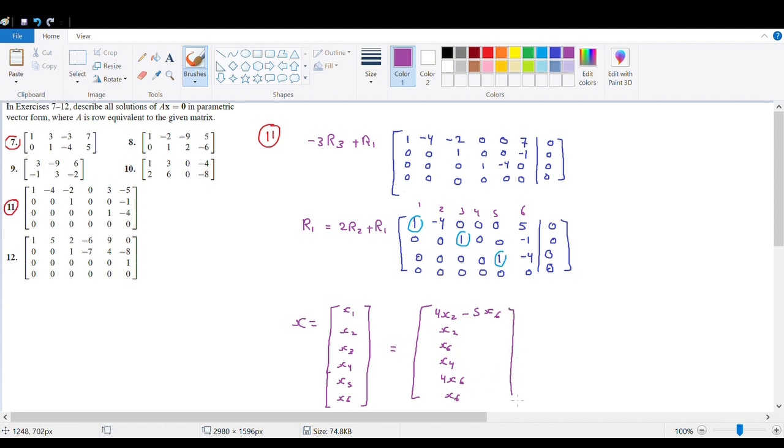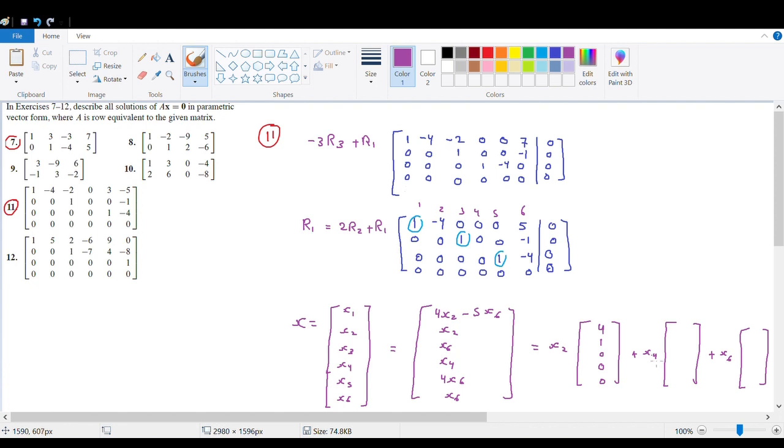Now to write this in parametric form, we see here we have x2, x4 and x6. So we have x2 plus x4 plus x6. The vector of the coefficients of x2 is 4, 1, 0, 4, 1, 0, then 0, 0, 0.